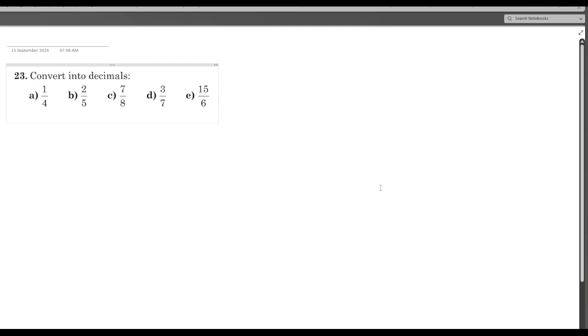Convert into decimals again. So 1 divided by 4, we will divide 1 by 4, so it is 0.25. B, 2 divided by 5, 5 4s are 20, so 0.4.